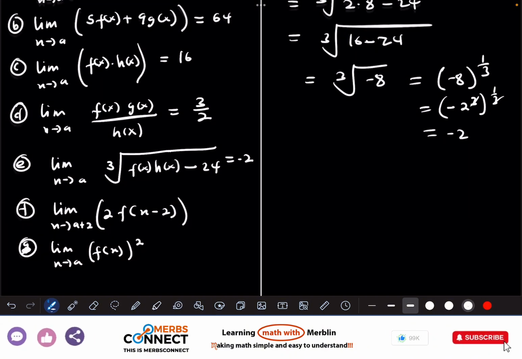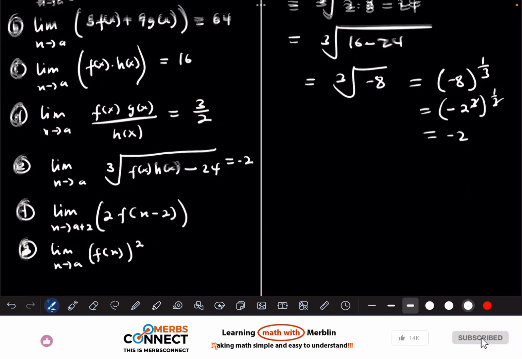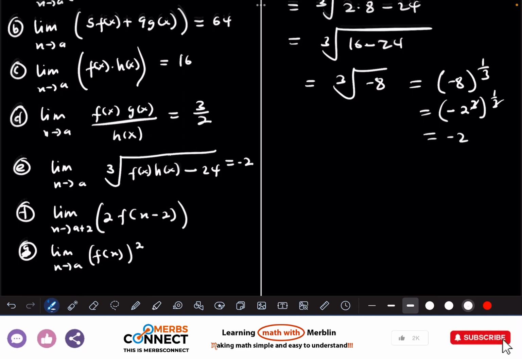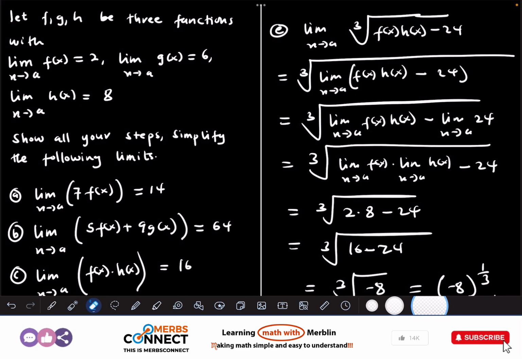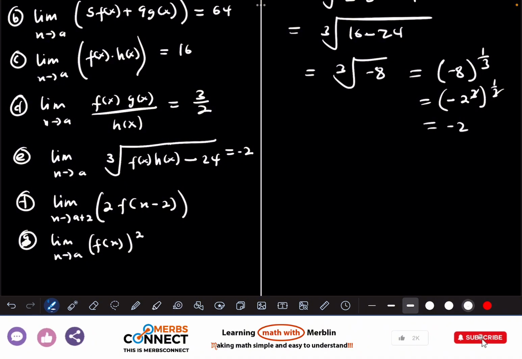Now let's do the G before we come and do the F, right? Let me just do the G here. So the G is going to give us limit x approaching a of f of x all to the power 2.